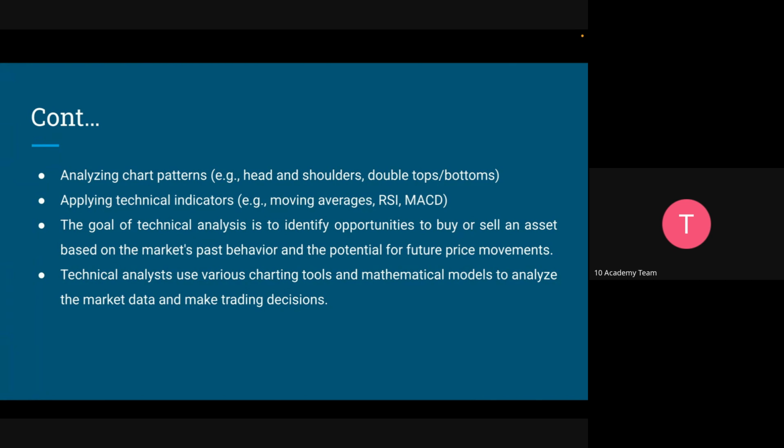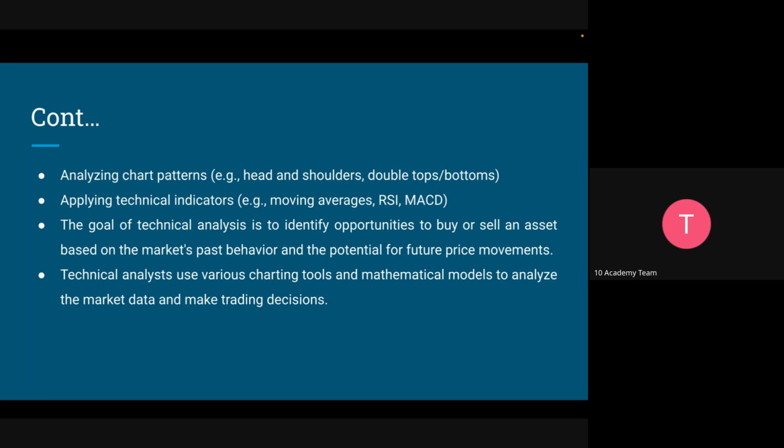The other is the goal of technical analysis, which is to identify opportunities for when to buy or when to sell an asset. At the end of the day, we are studying the behavior of the market to decide whether we should buy or sell our shares, or whatever we hold on that market, or where to buy others, to increase our share on that stock market.